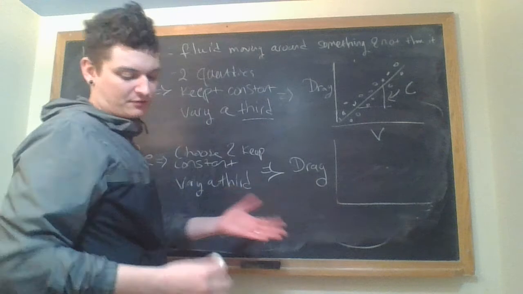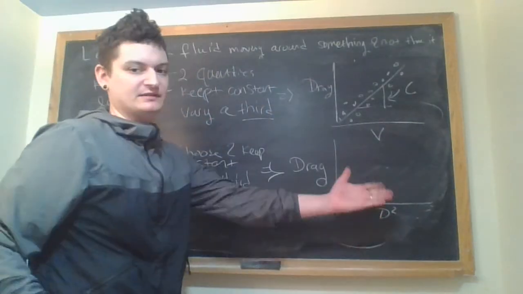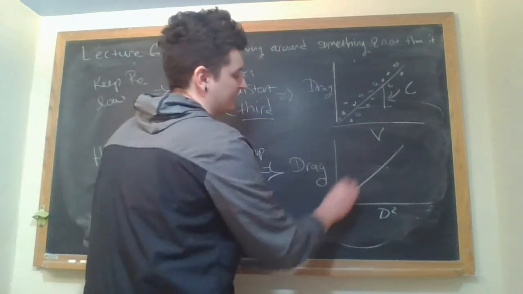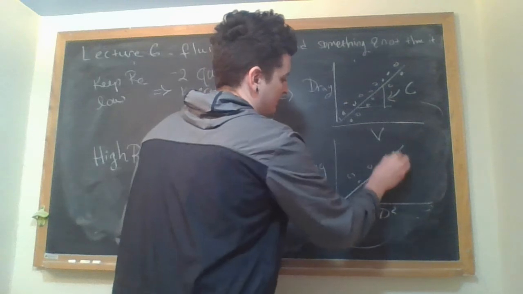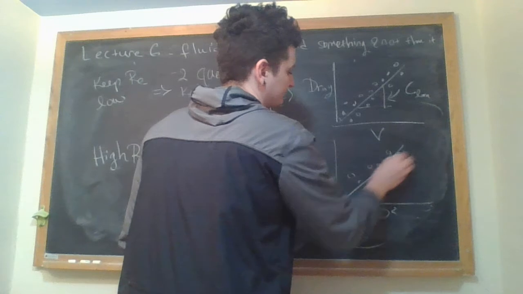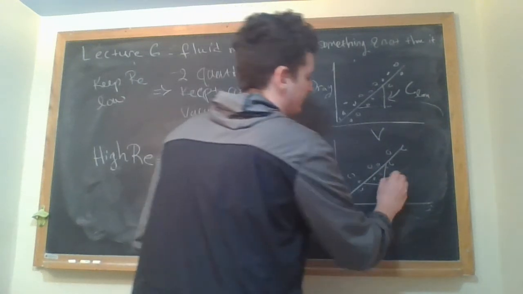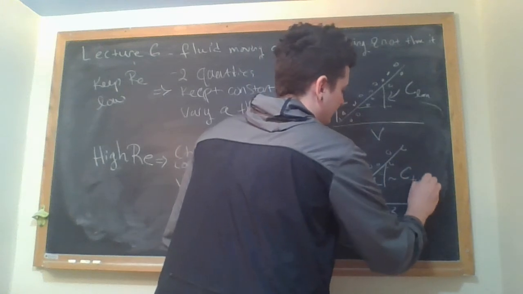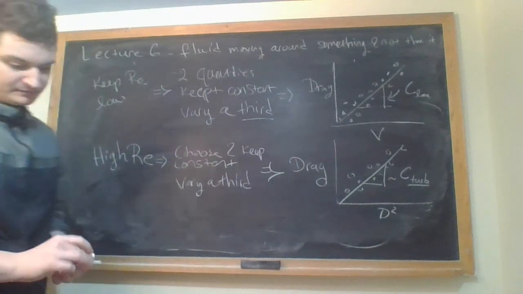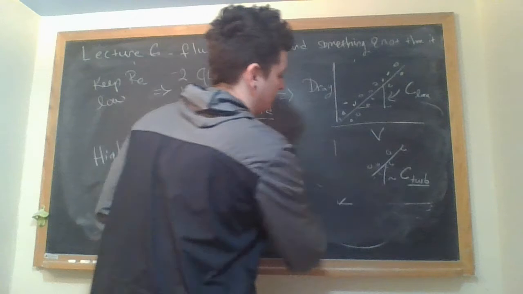And now, since there are no square relationships, let's say I varied the distance squared, but I kept the other two constant. That means it's a linear relationship. Now, this best fit line, think of it as the coefficient of the turbulent part. So those are what those coefficients are.